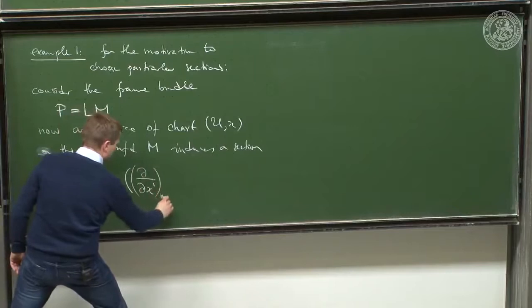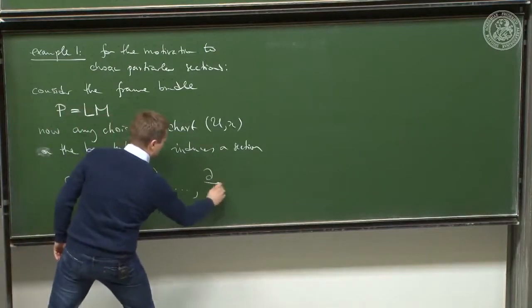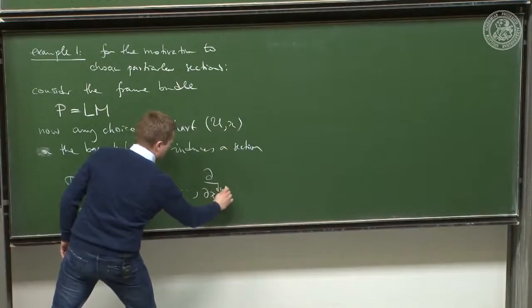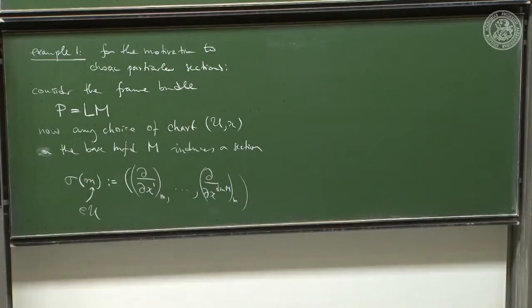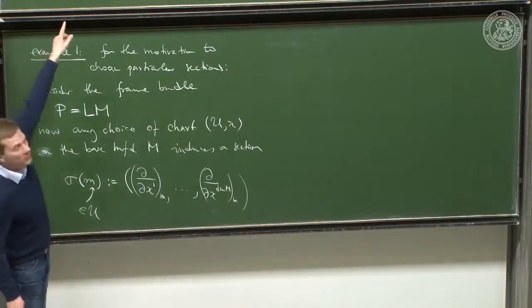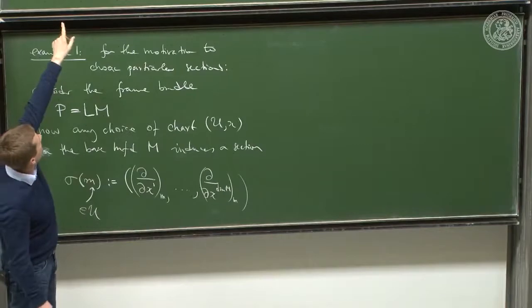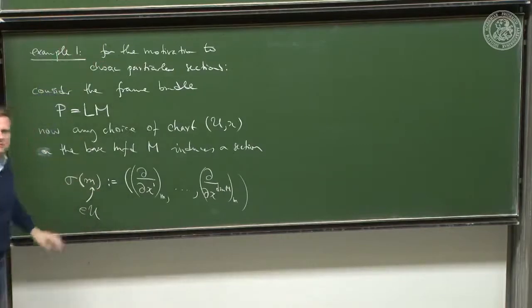So d by dx^1 at the point M up to d by dx^(dim M) at the point M, right? This is a frame. So you go to a point in the base manifold that's covered by some chart domain. You have your coordinate map. And now to this point, you attach the frame that's induced from the coordinates at that point. Very natural. Okay? So choosing coordinates down here on the U immediately induces a section in the frame bundle, namely this one.